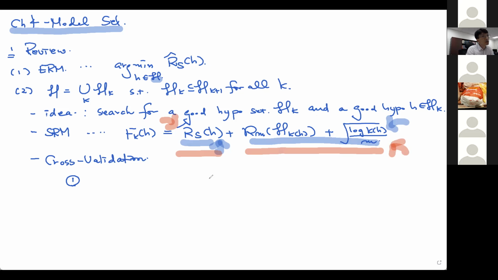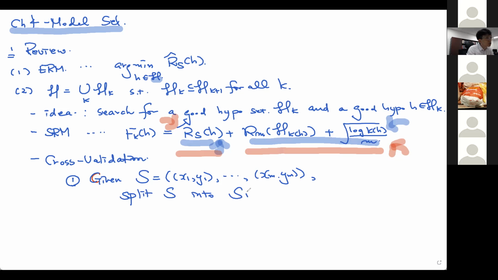So cross-validation, in a sense, touches these two parts in the following way. Given a set of samples, the given sample of examples (x_1, y_1), ..., (x_m, y_m), what it does first is split S into two parts, S1 and S2.